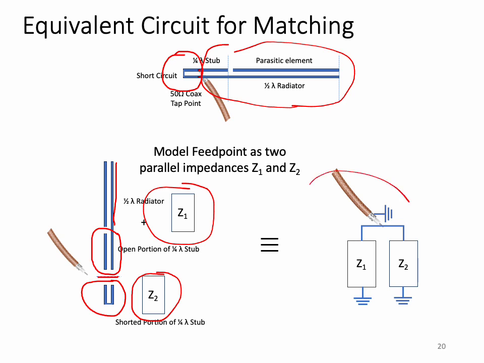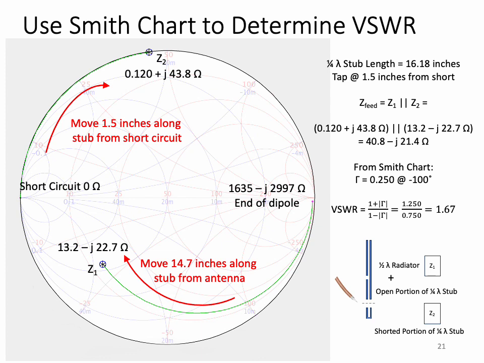Now, it's a simple matter to determine these impedances and from them calculate the standing wave ratio as a function of tap position. But to do this, we need to make use of the Smith chart. As seen in this chart, the end of the dipole lies to the far right on the Smith chart. That's the point where we're driving at 1635 minus j3000 ohms. This is the region where all the high impedances lie. The upper portion of the quarter wave stub starts to transform this impedance by moving clockwise along the chart.